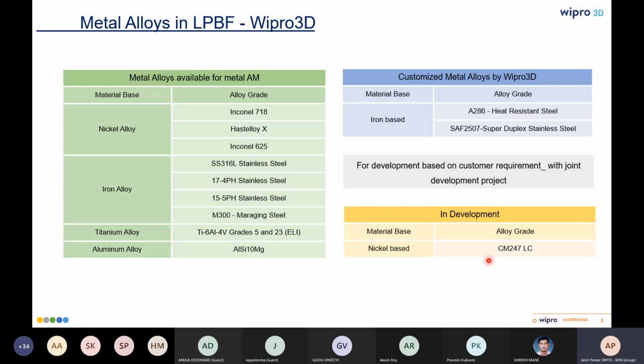There the temperature can go up to 1100 to 1200 degrees centigrade, and this material can be used there. We are close to finishing development, so in the near term you will see this material added into the catalog.